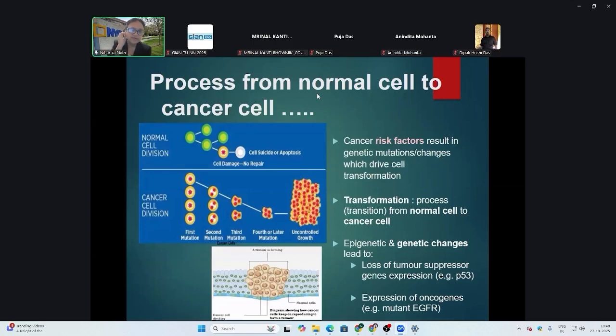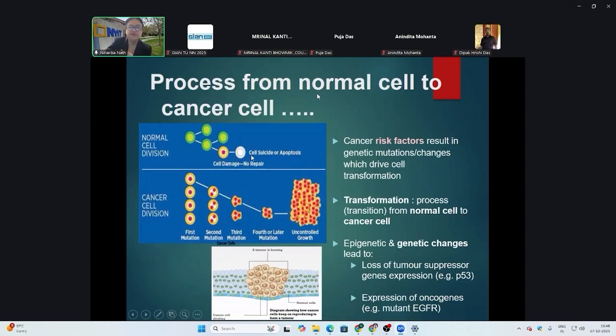And so what happens is that the burden of these risk factors gives rise to that genetic mutation. And so some of these cells that need to die, generally these cells will get damaged and will die. They will just not die anymore because they have acquired that genetic mutation, and they don't have to die anymore.